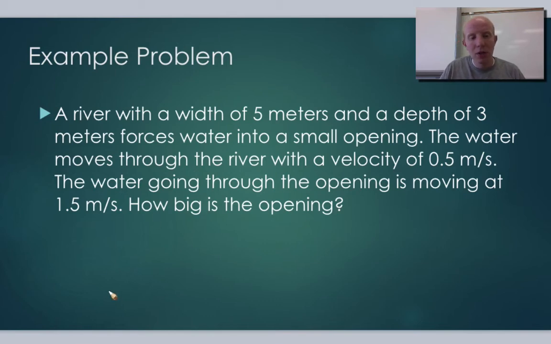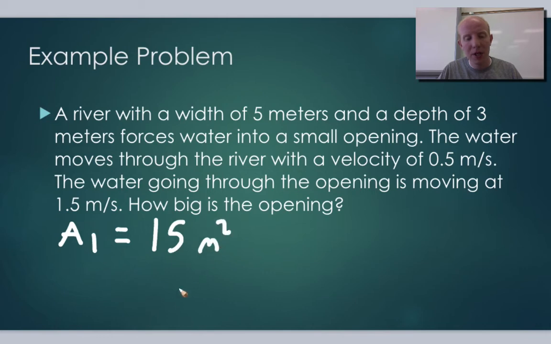Okay, so first of all, we know our first area. It's not given to us directly, but it gives us the width and the depth, which is just a big box. So we'll assume that it's a box and say that's 5 times 3, or 15 square meters.